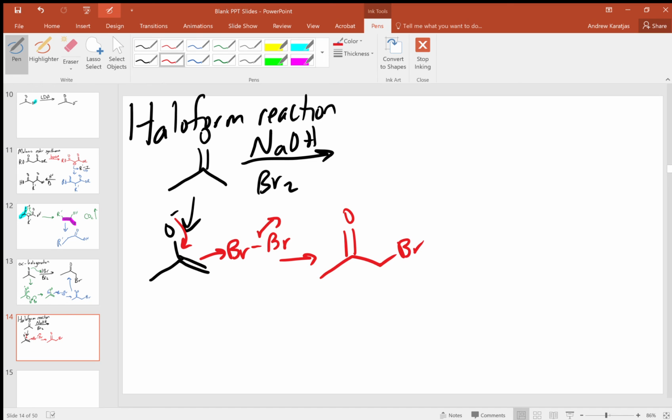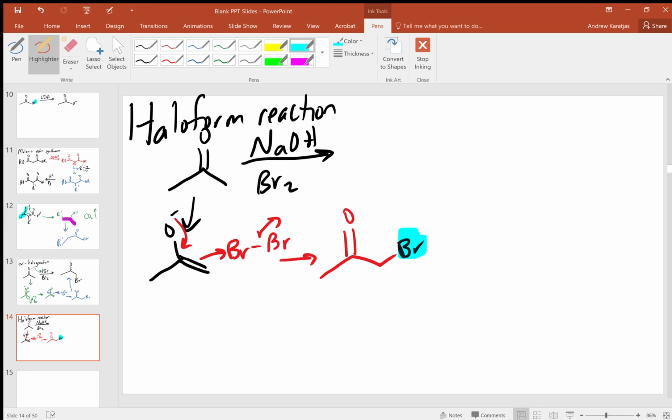The problem here is we've now added an electron withdrawing group to our alpha carbon. What will that do as a result? Well, as a result, it makes that alpha carbon even more acidic. In other words, we've now formed a product that is more acidic than our starting material was.